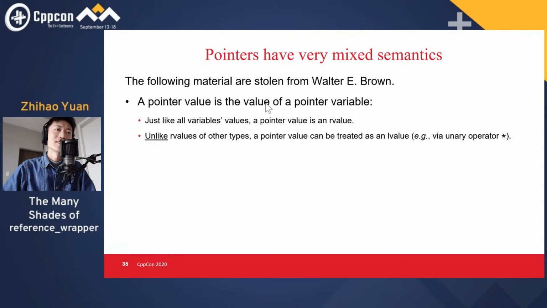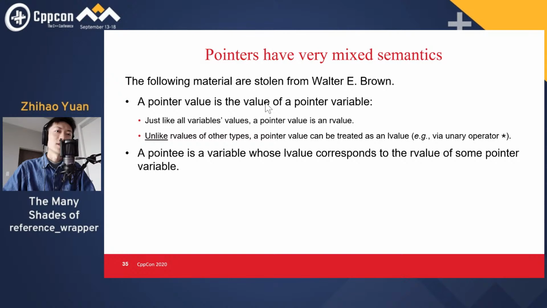So Walter says, a pointer value is a value of a pointer variable. Just like all variables' values, a pointer value is an R value. What this means here is that a pointer value is something like 0x001, that's an R value. But unlike R values of other types, a pointer value can be treated as an L value if you dereference it. A pointee is a variable whose L value corresponds to the R value of some pointer variable.